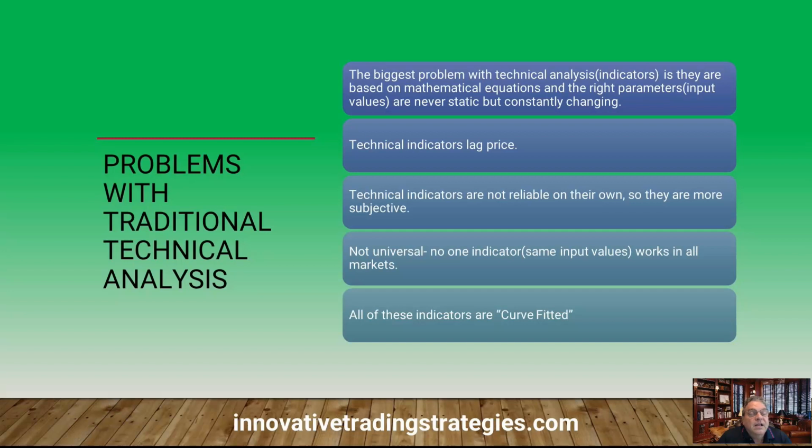So any indicator that you're using has to meet two criteria, as far as I'm concerned. It has to be universal, right? That's number one. It has to definitely be universal. That means whatever tool I'm using has to be effective in all markets.